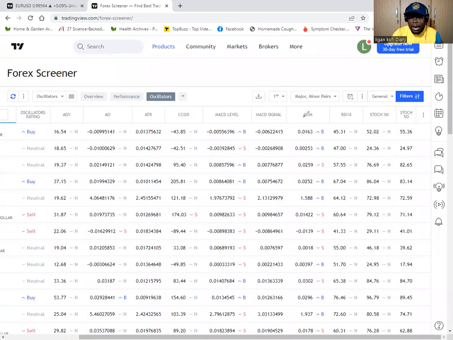So MOM is giving you buy, RSI is on neutral, and then stochastic D is also on neutral. I'm taking one to show you so that you understand the rest at a go. Is that okay?